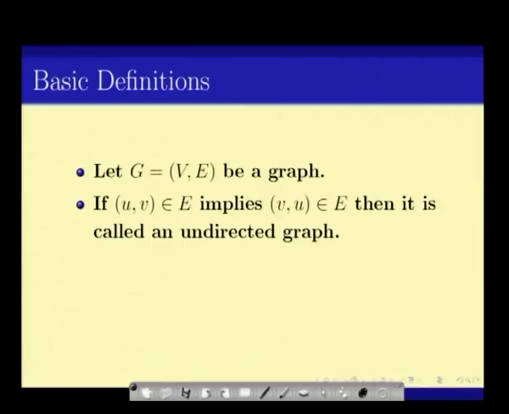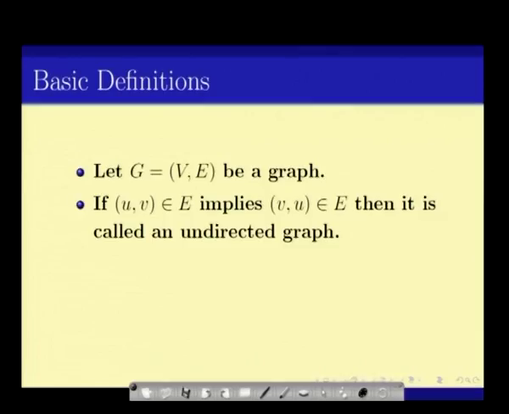But if A is a parent of B, that does not mean that B is a parent of A, so in that respect we will not draw an edge. So it is not necessary that if (u, v) is in the edge set, then (v, u) is also in it. But if (u, v) being in the edge set always implies that (v, u) is in the edge set, then we call that an undirected graph.